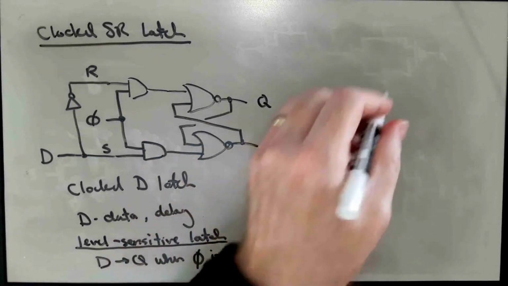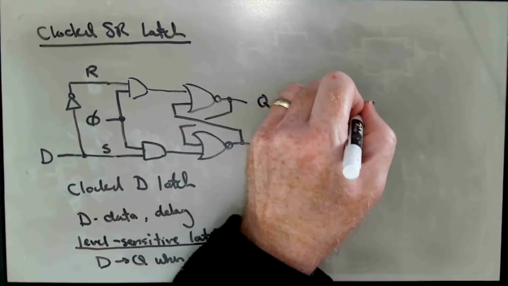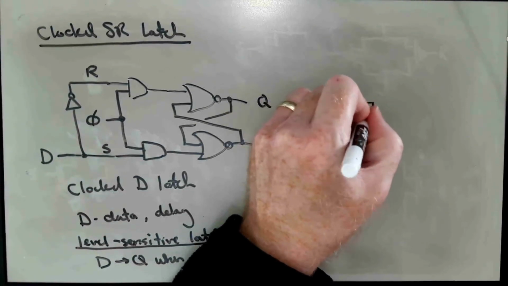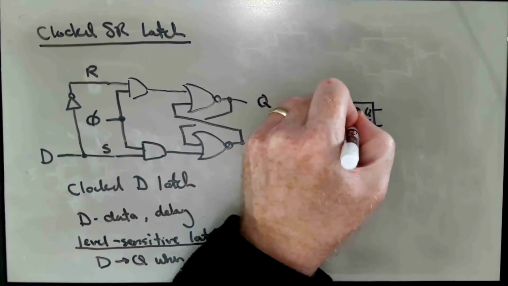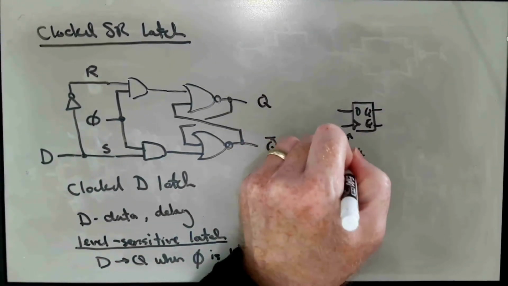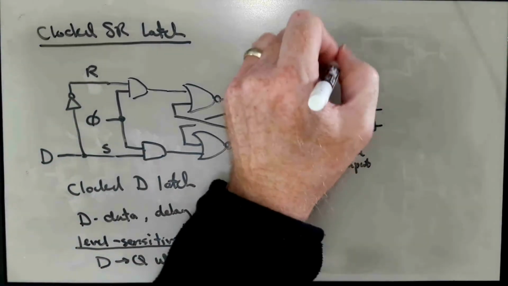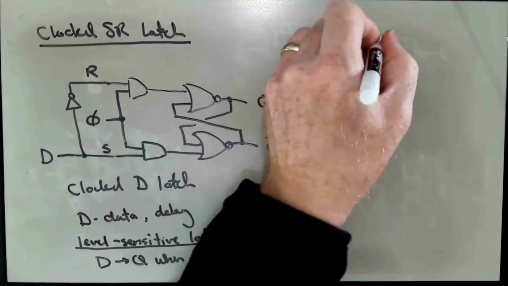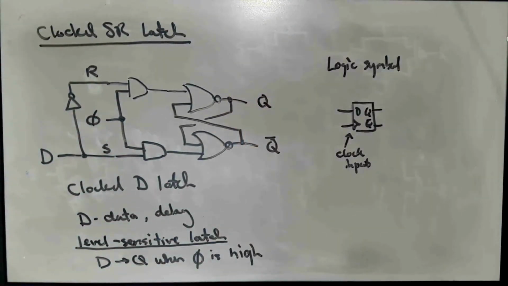This kind of D latch typically will be shown in circuit diagrams at a higher level with a symbol that looks like this, where this is the clock input here. So it's a typical logic symbol for a clocked D latch.